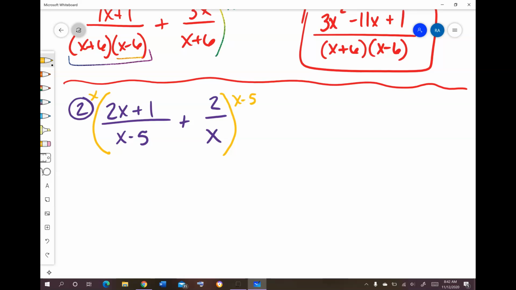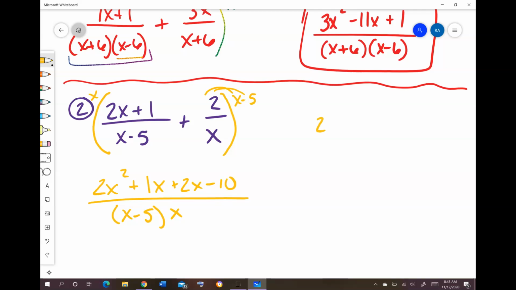Distribute that x: 2x squared plus 1x. Distribute this 2: plus 2x minus 10. Smush the denominators: x minus 5 times x. Now clean up the numerator: 2x squared, 1x and 2x is 3x, minus 10, all over x times x minus 5.